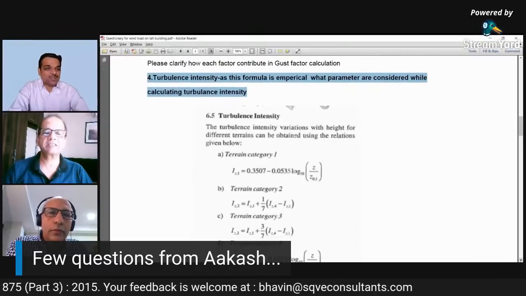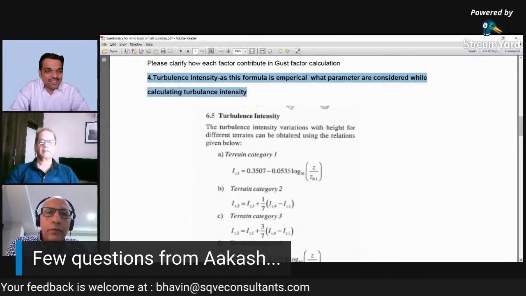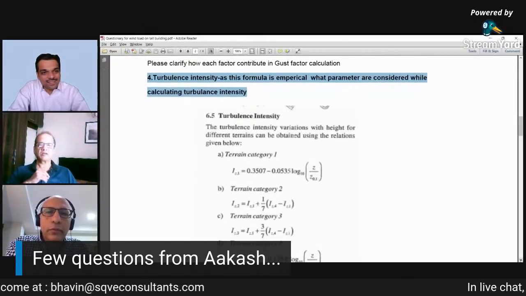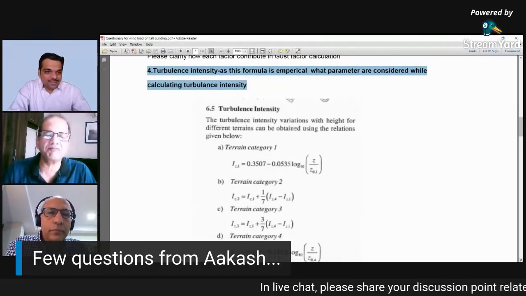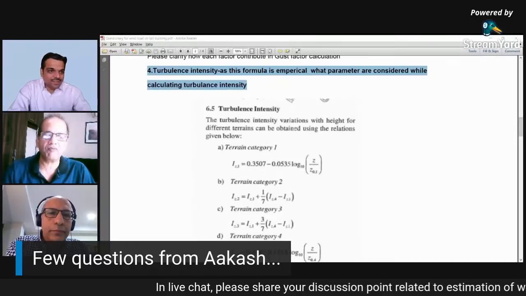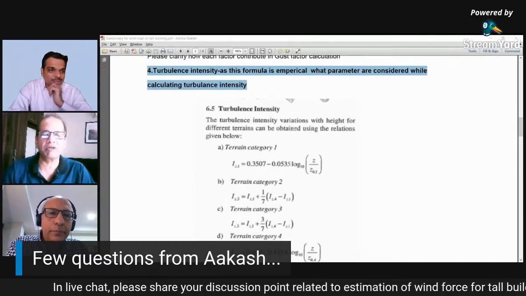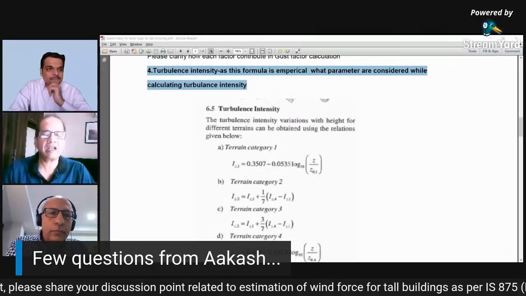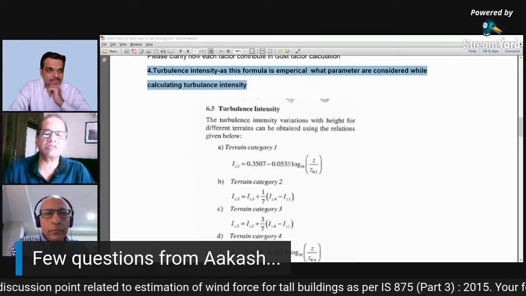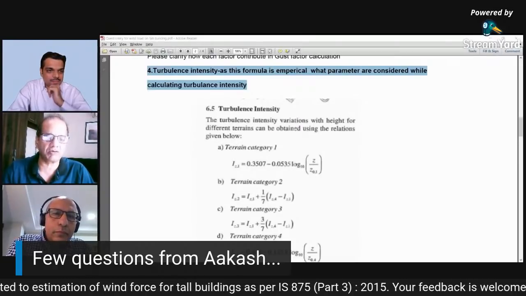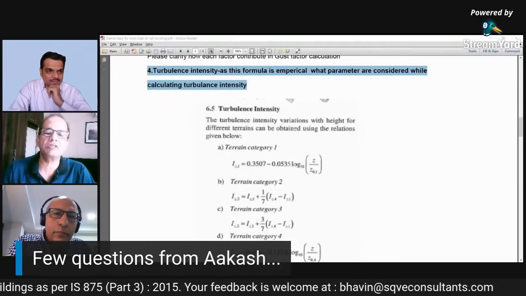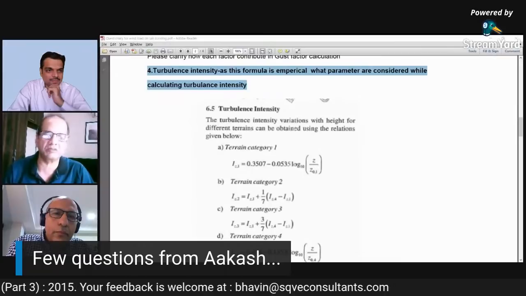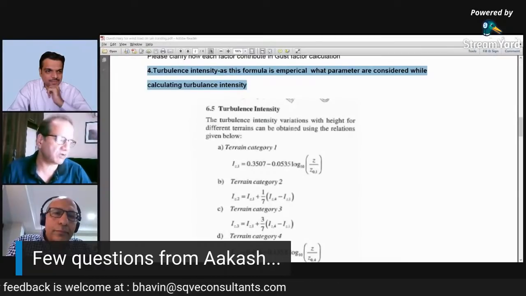Yeah. So the next question is on turbulence intensity. Now here, if carefully seen, the formulas for terrain category 1 and 4 have been written first, and the others are not written. Basically the turbulence intensity has been measured, a curve has been drawn, and a graph has been obtained, a logarithmic plot, depending on z, the height at which the turbulence intensity is measured, and z0, which is the roughness height.